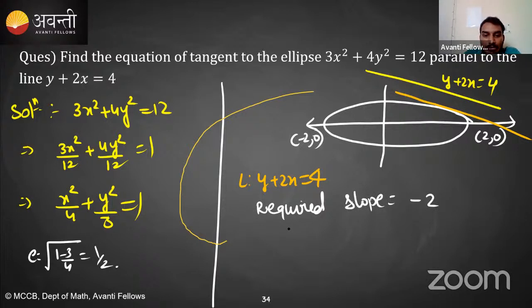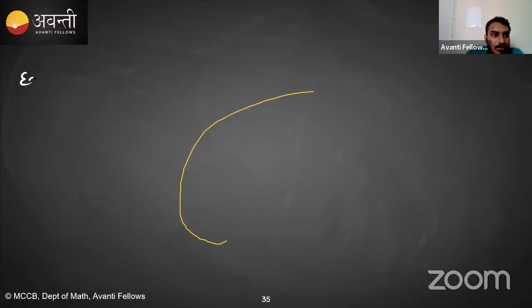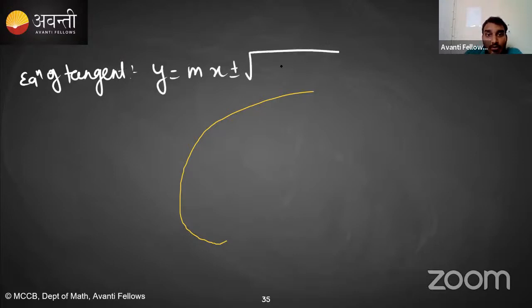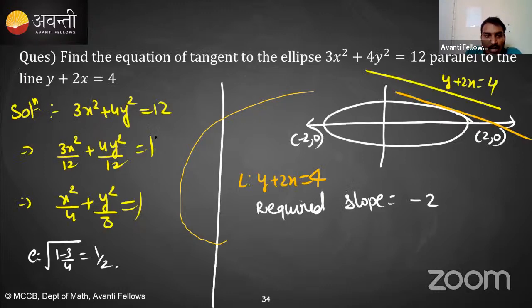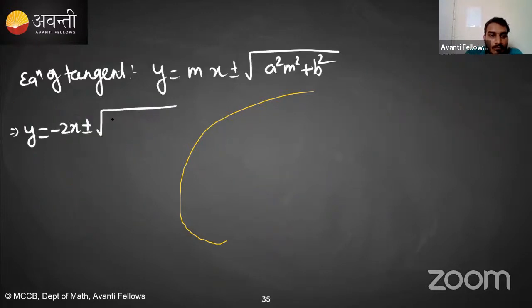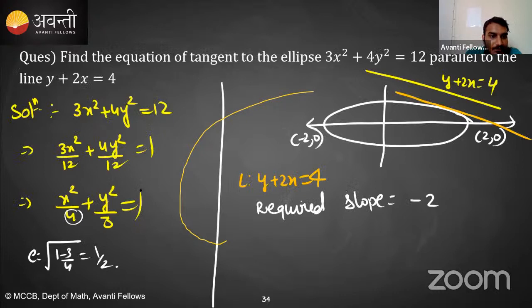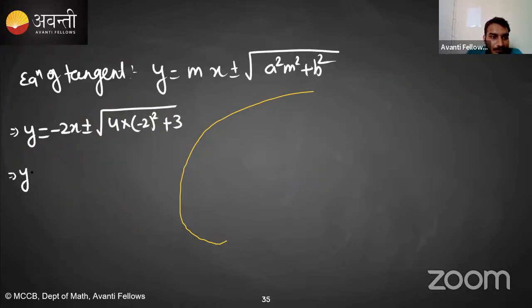Now it implies equation of tangent कितना होता है? y is equal to mx plus minus under root of a square m square plus b square, और स्लोप कितना है? -2, तो यहाँ से टेंजेंट कितना आ गया? y is equal to -2x plus minus under root of what is a square? a square is 4 into m square, m square कितना है? -2 का स्क्वायर, what is b square? 3, तो यहाँ से टेंजेंट कितना आ गया? -2x plus minus what is this? 4 into 4 16 plus 3 19.